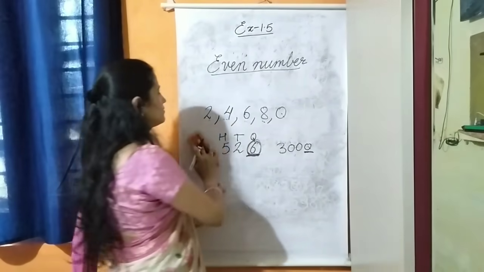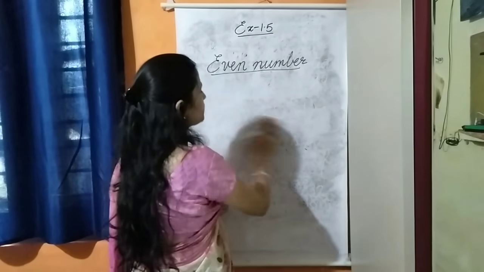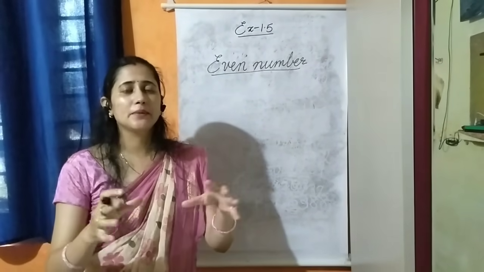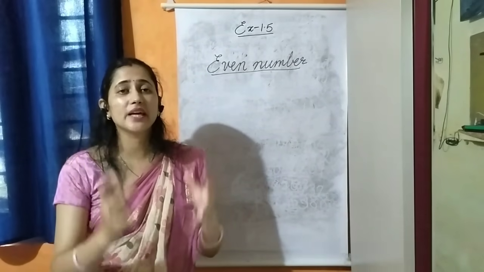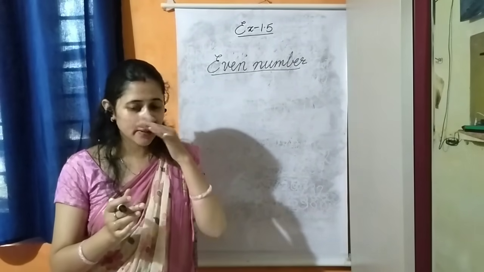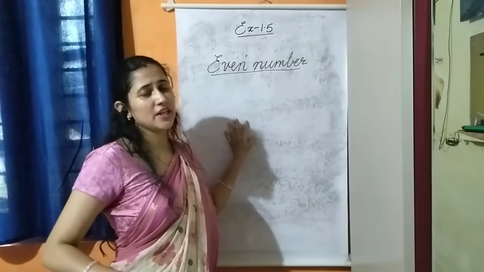Again I will repeat the points. All the numbers which can be put in a pair, the numbers which make a perfect pair of 2, are called even numbers. And please, students, I am writing the definition of an even number here.